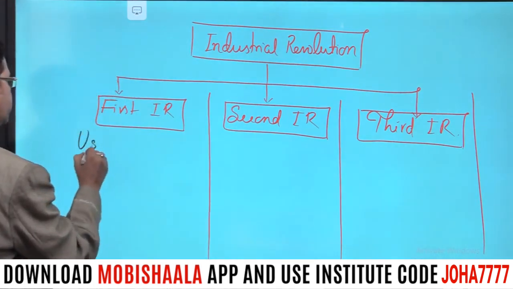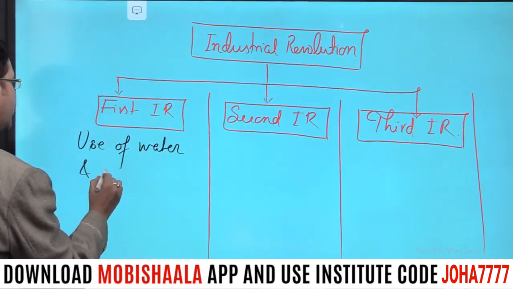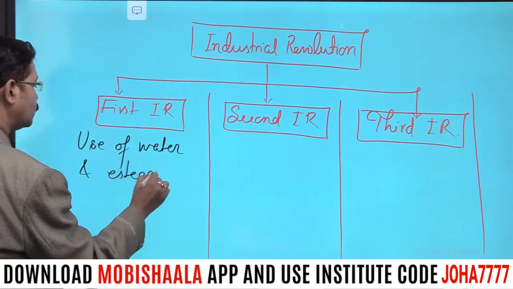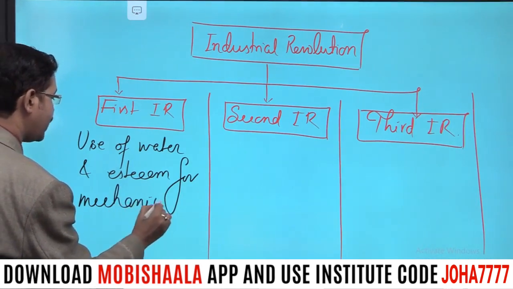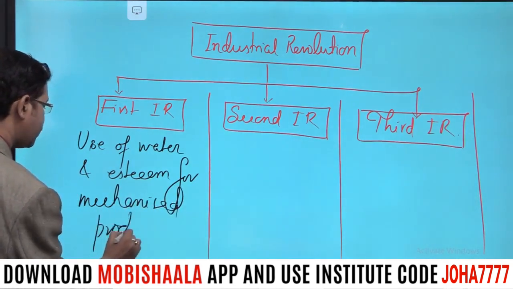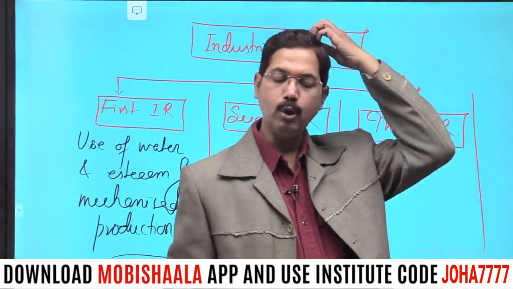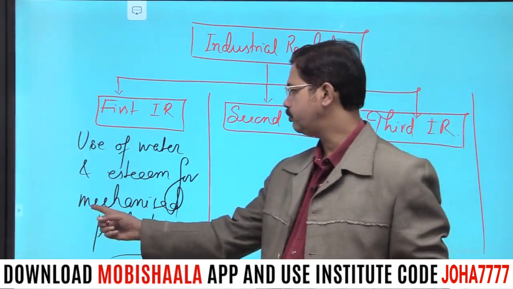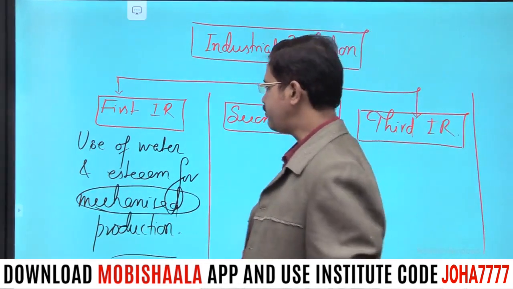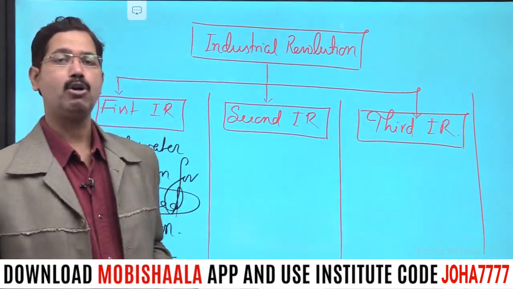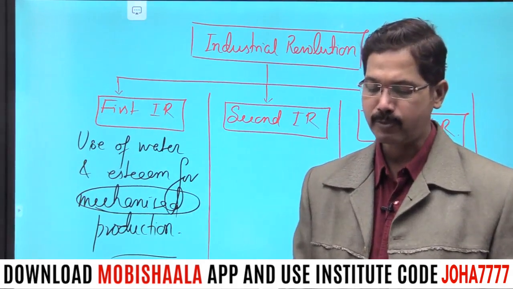So there is use of water and steam for mechanized production, and it was the first industrial revolution. We are burning the coal, we are developing the machine. Here it is the mechanical, it means we have developed what? Machine. And later we in fact invented the use of water followed by the use of steam, and so mechanized production was discovered and it was mass production.